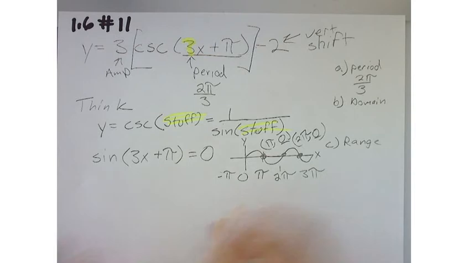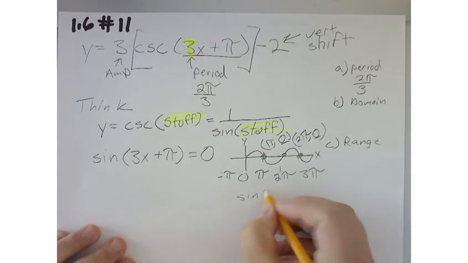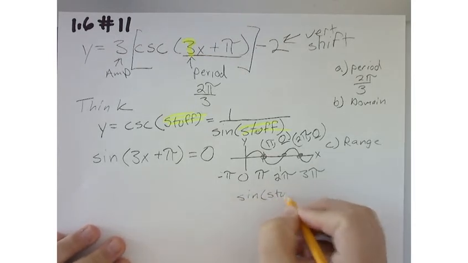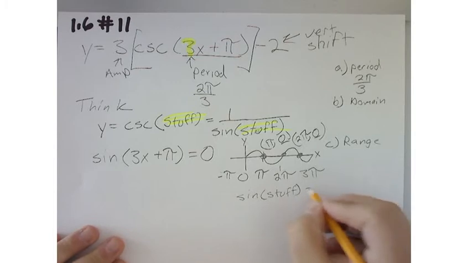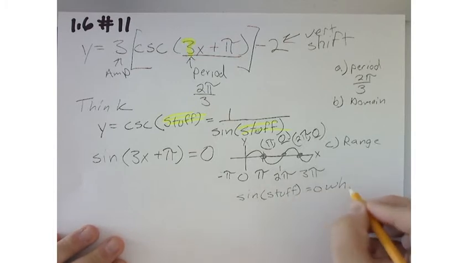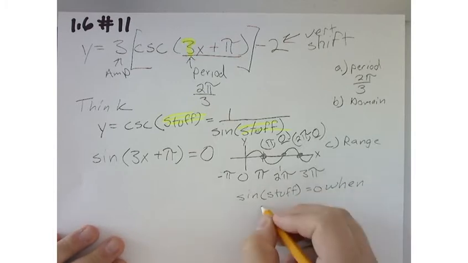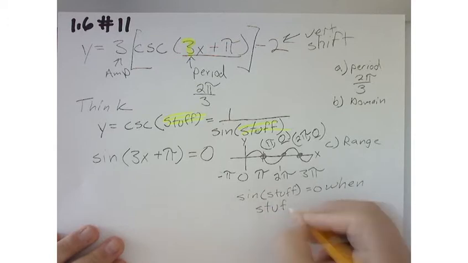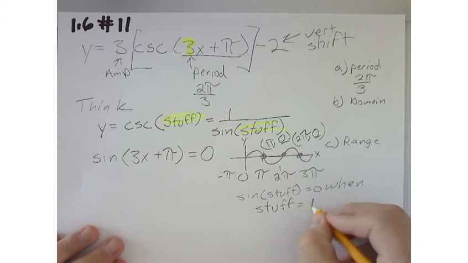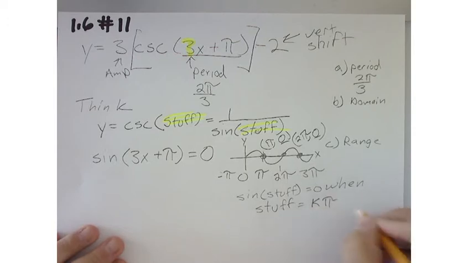So what we could say is that sine of some stuff equals 0 when the stuff equals k times pi, where k is an integer.